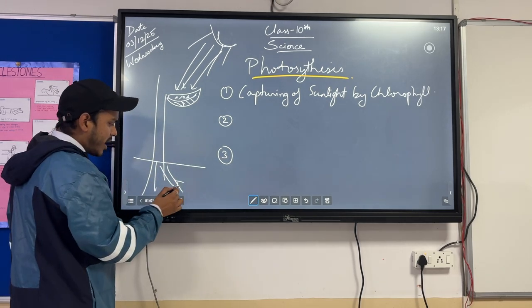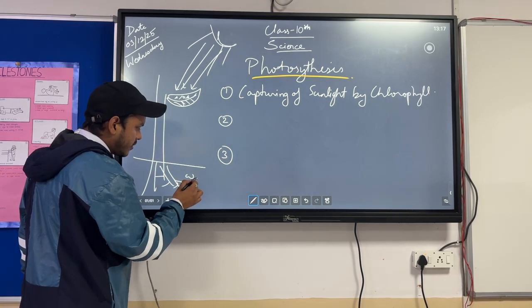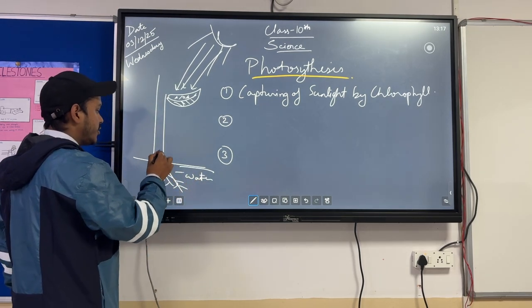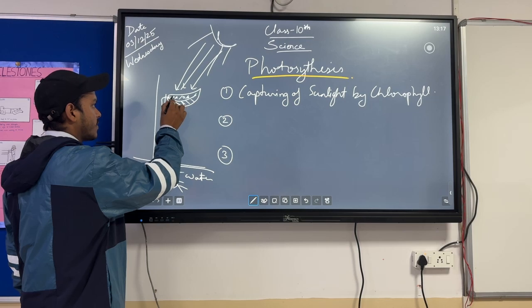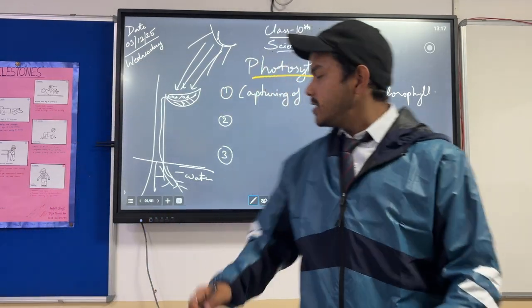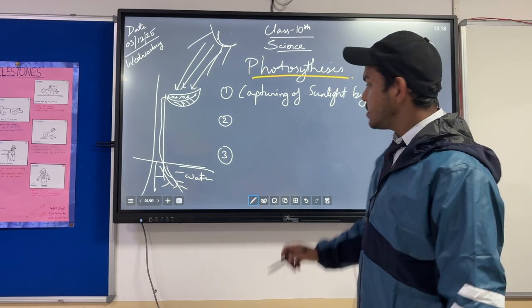the roots of a plant absorb water from the moisture of the soil, and it is transported to the leaves. So water is also there in the leaf. Now what happens?